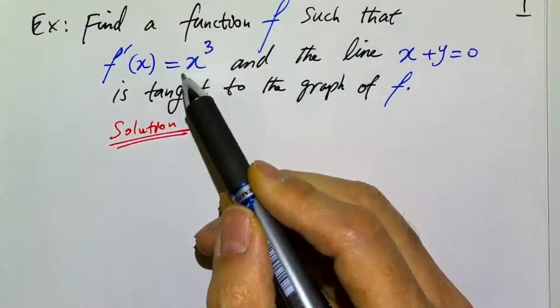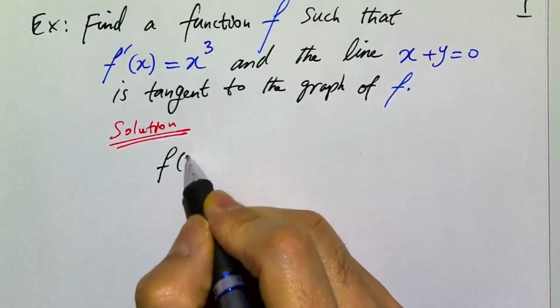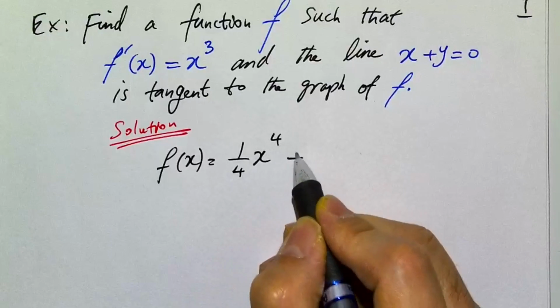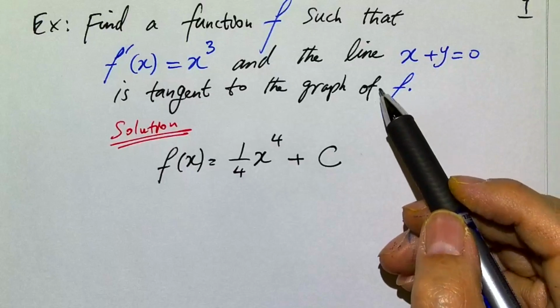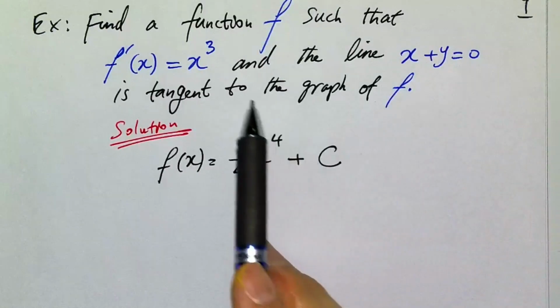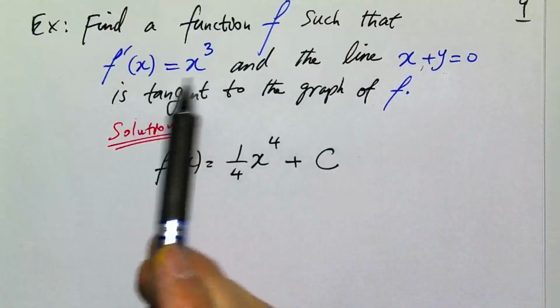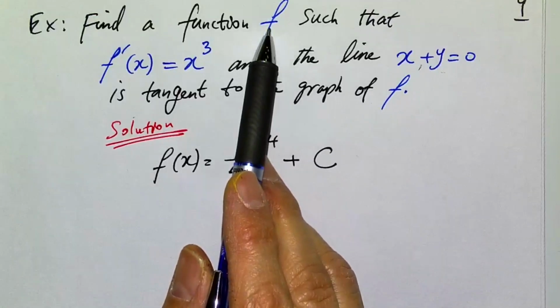So the first thing is let's find the antiderivative for this, which would be an easy one. F of x will be 1/4 x to the 4th plus c, right? So then, given this, and this line is tangent to the graph of, not this, but that, right?